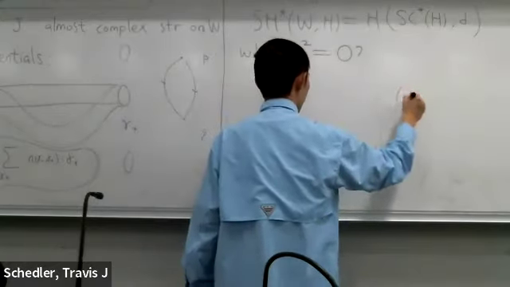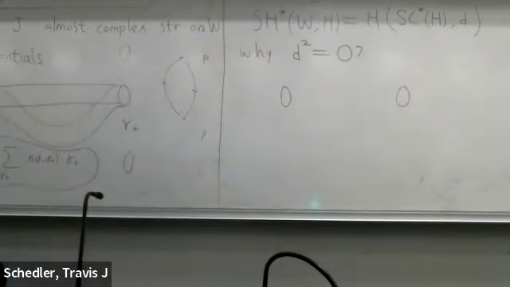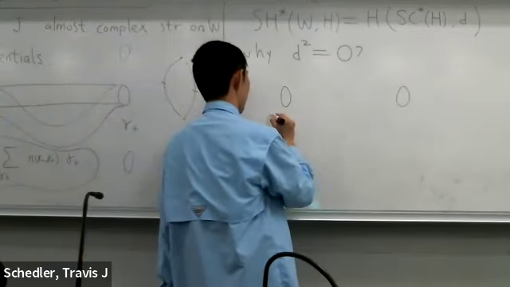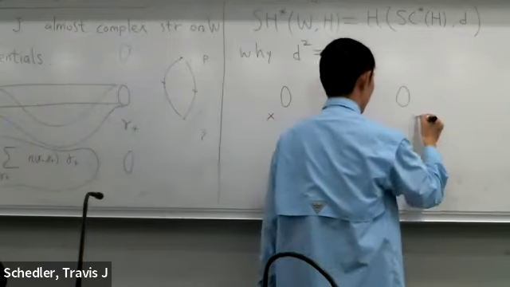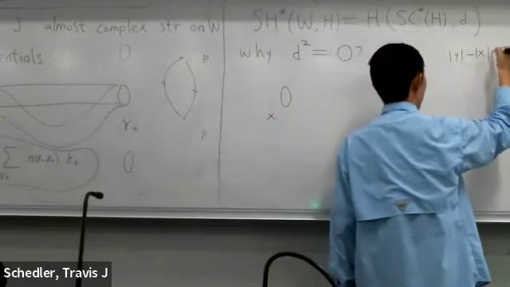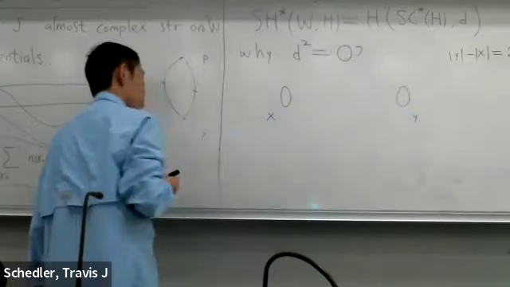Recall D is defined between orbits with adjacent degrees. When we study d squared, we need to consider orbits whose degree difference is 2. Let me use other letters, x, y here, such that their index or degree difference is 2.